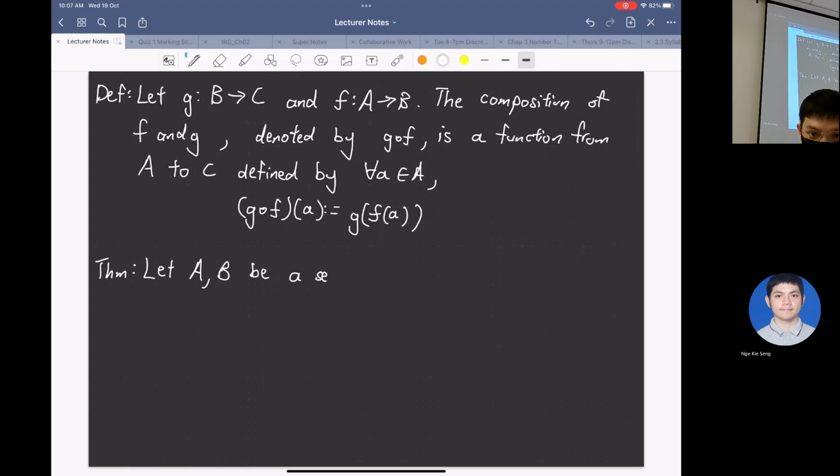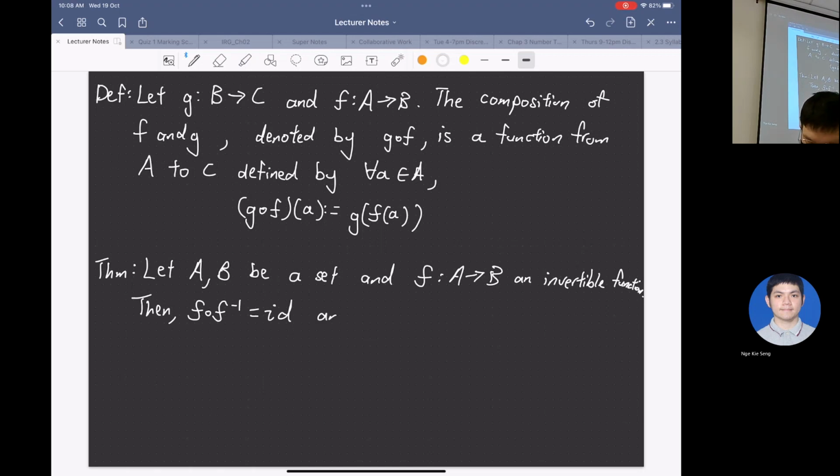If f is an invertible function, then you can check that actually f f inverse is the identity function, and f inverse f is the identity function, where ID is the identity function.